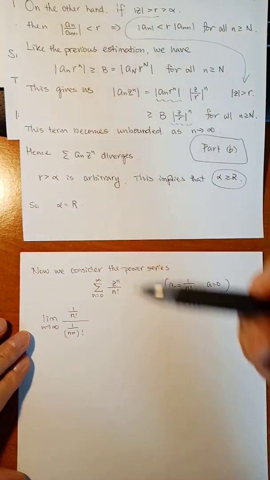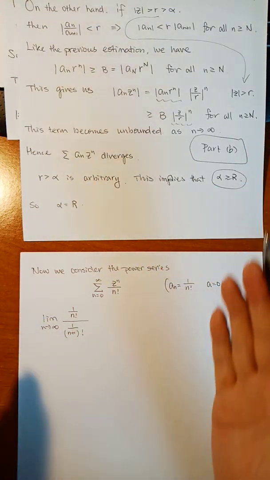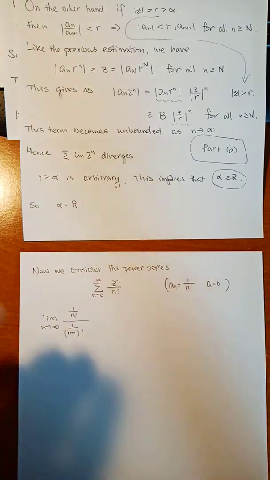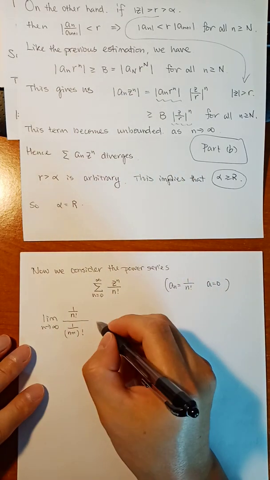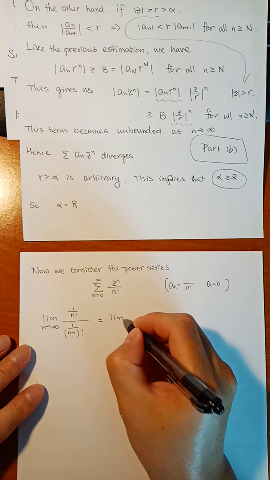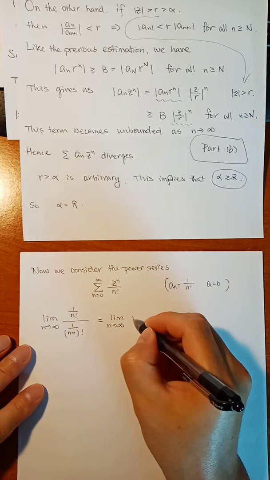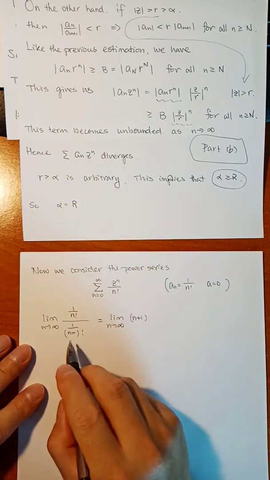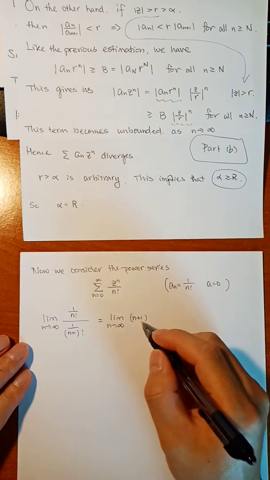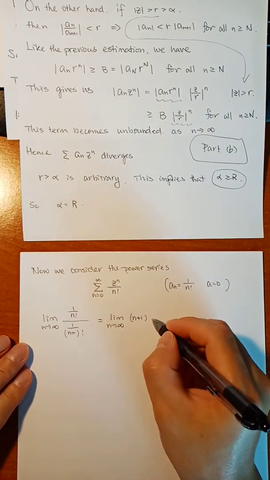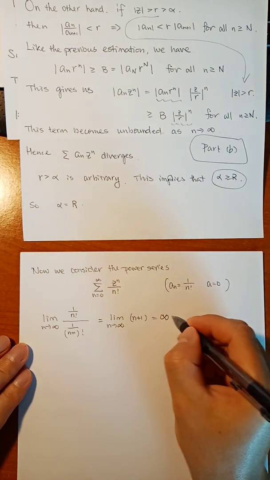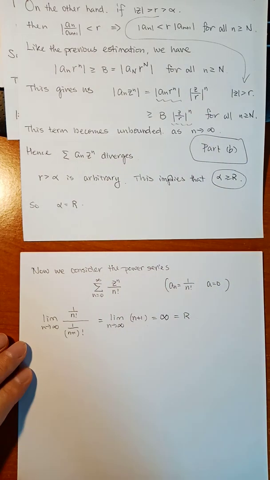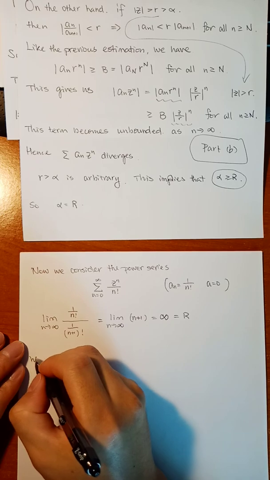Remember, this is a_n over a_{n+1} with absolute value, but this is a positive coefficient, so I don't put an absolute value. After you cancel n factorial from top and bottom, you get the limit of n plus 1, which is infinity. So R is infinity.